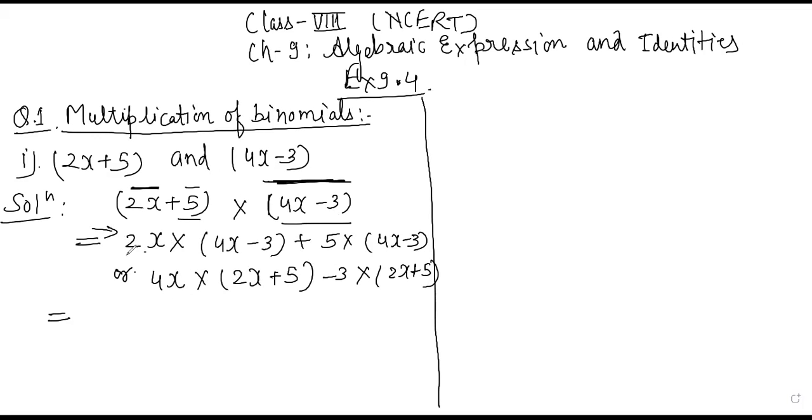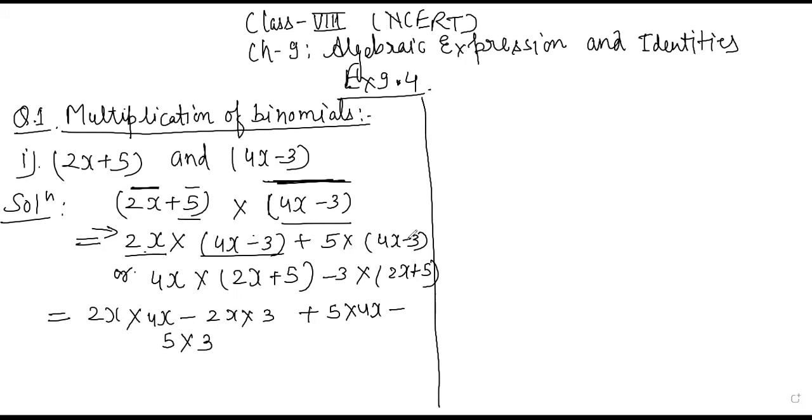Now look, this is monomial, this is binomial, as we already did in the previous exercise. So 2x, the term outside the bracket, will multiply both the terms. 2x will multiply with 4x, 2x will multiply with minus 3, and here plus 5 is multiplied with 4x and minus 5 is multiplied with 3.